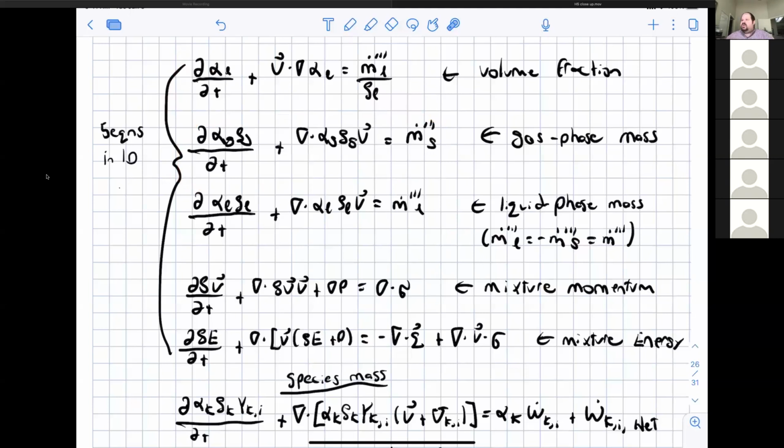You solve it as if there's gas and liquid everywhere, and if there are regions where there is no gas, then alpha G will just be zero as part of the solution. Does that make sense? Yeah, that makes sense. So it takes care of it on its own.